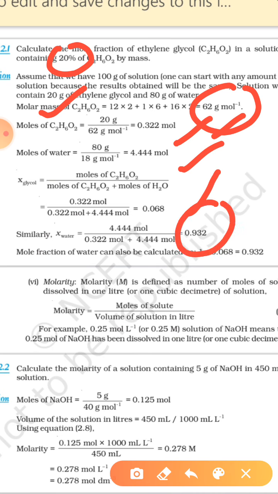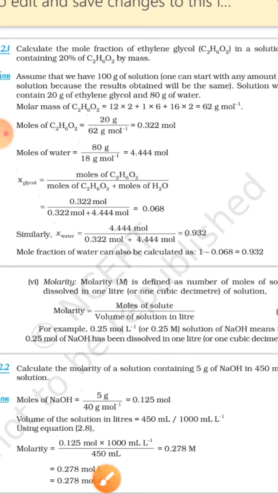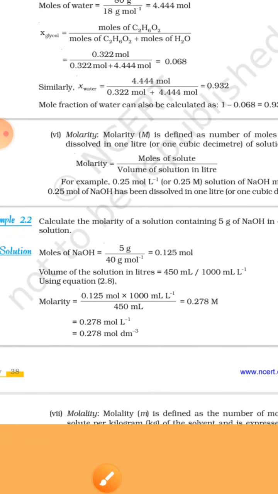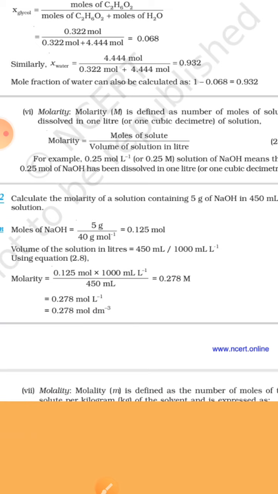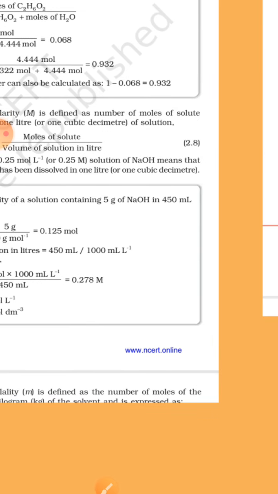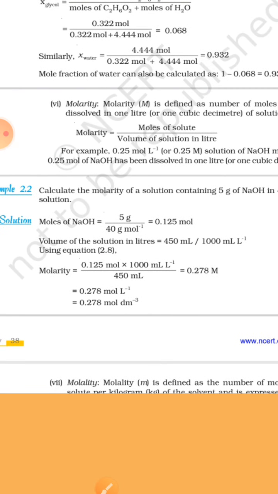Okay, this is example number one. And also in example number 2.2, calculate the molarity of a solution containing 5 gram of NaOH in 450 ml solution. As we know, at first we calculate the moles of NaOH.